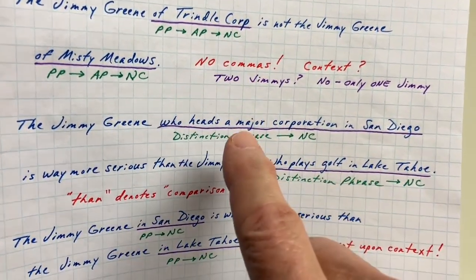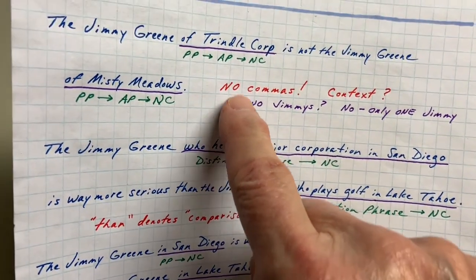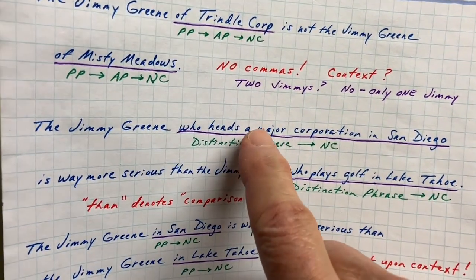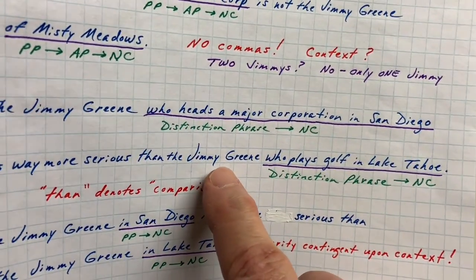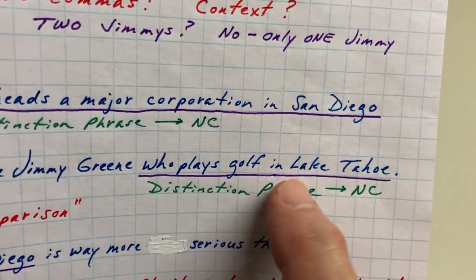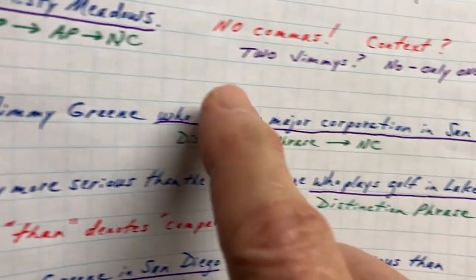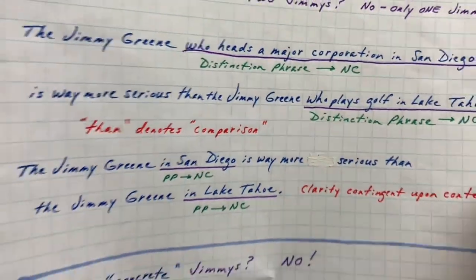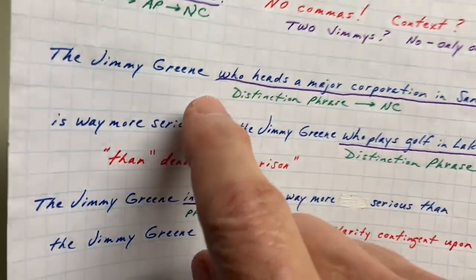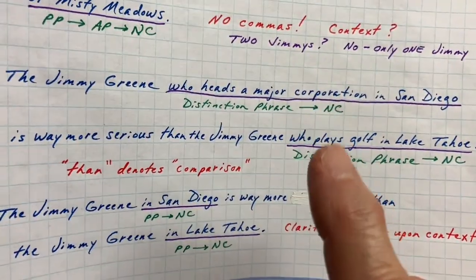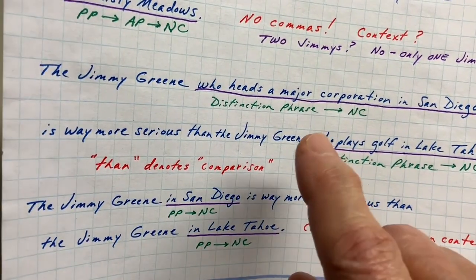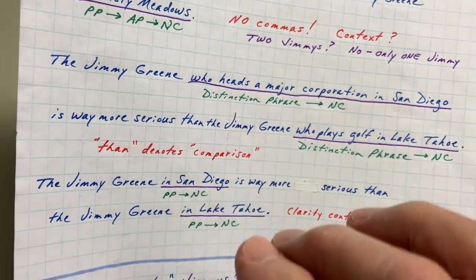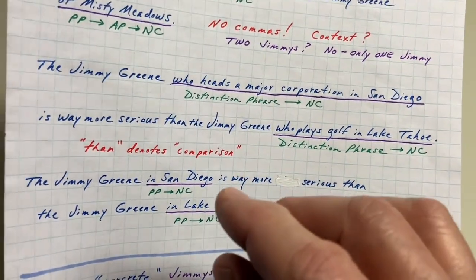But the point is, you see what the person is talking about now on a deeper level. And you see here Jimmy Green who plays golf in Lake Tahoe. And I made up a fictional golf course called Misty Meadows. So you see here when you go deeper, you see that there's the noun complement essence.